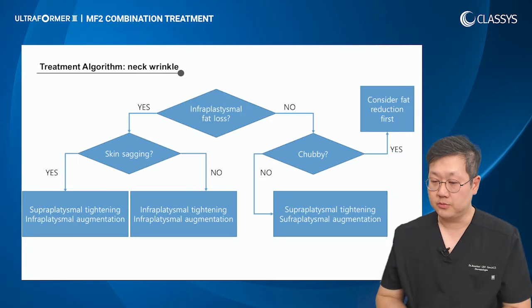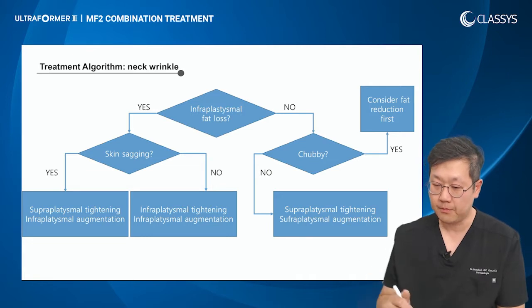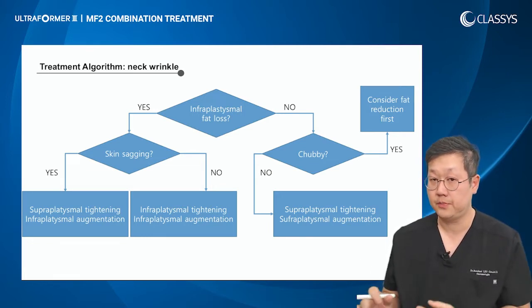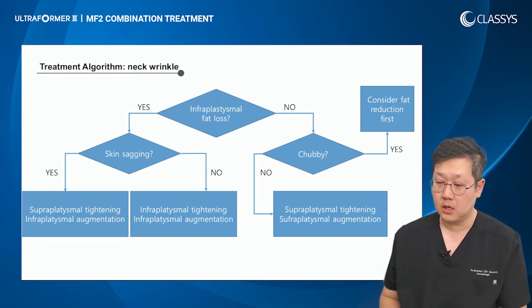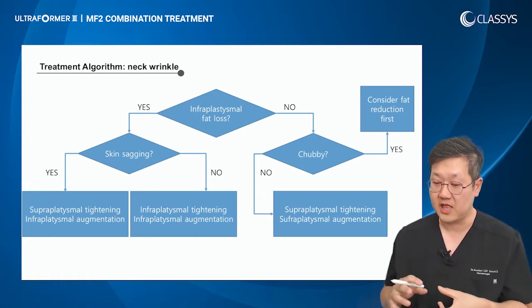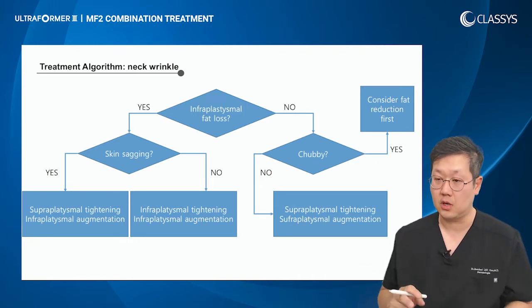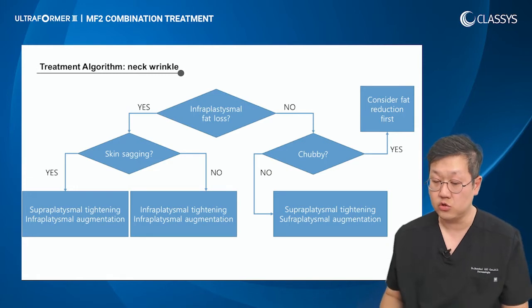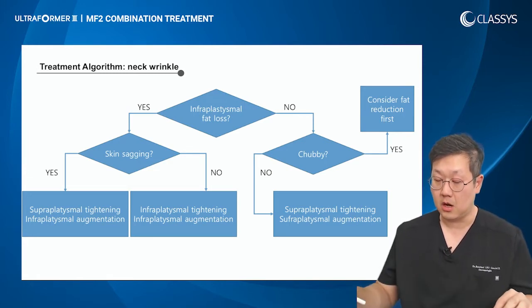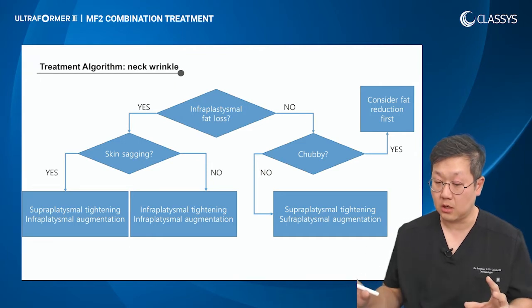So my treatment algorithm for the neck wrinkle is shown in the picture. The first thing is whether the patient lost fat or volume on the neck, because usually if fat loss is coming, we have consequent skin sagging, but not always. It depends on the patient's age, lifestyle and other habits. If skin sagging is combined, it usually makes the superficial skin look rougher and irregular.